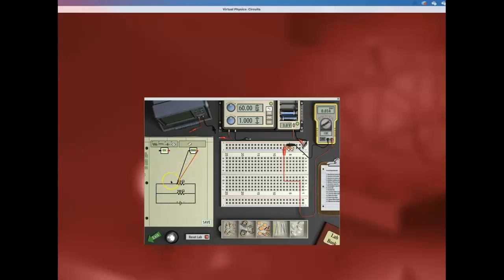All right, and finally you are going to measure the current across the... okay, get rid of it.